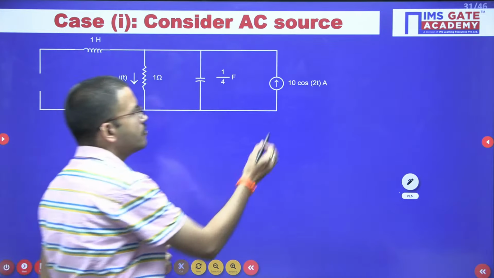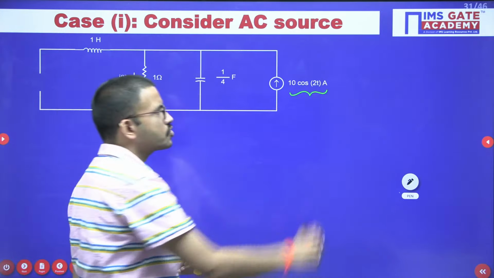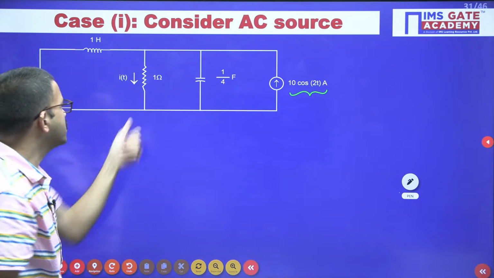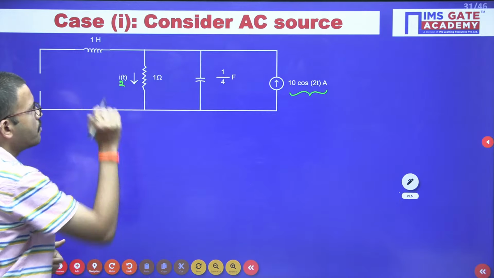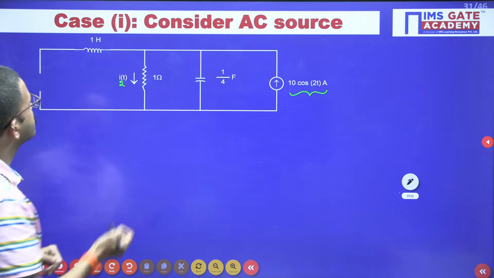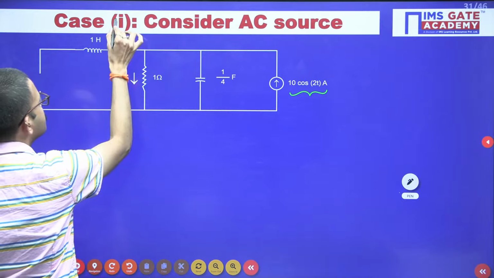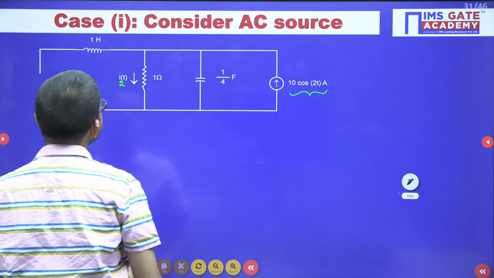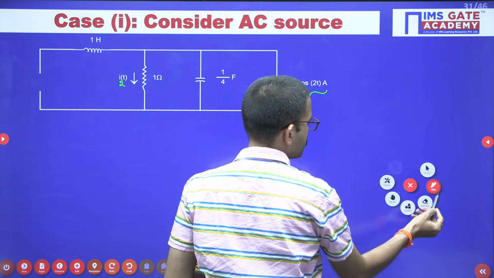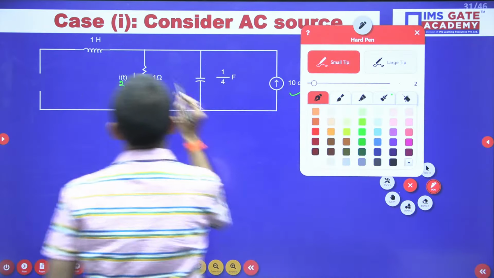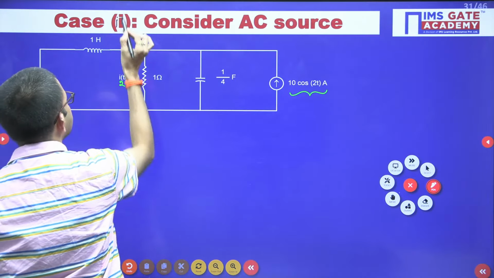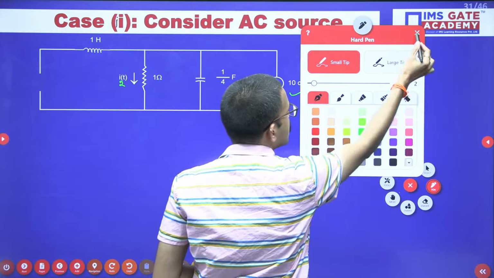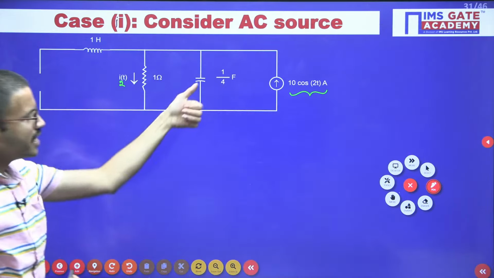Okay, in the second case, we are considering the current source, the AC source. Because of this current source, how much current is now flowing in this 1 ohm resistor? This is case 2. So in case 2, I am considering the AC source.